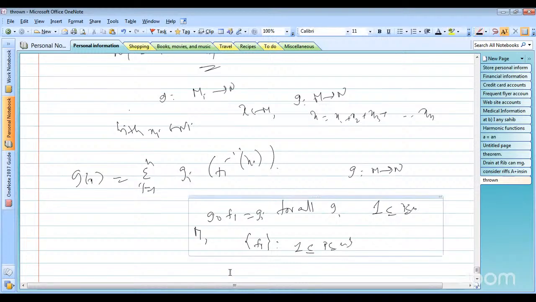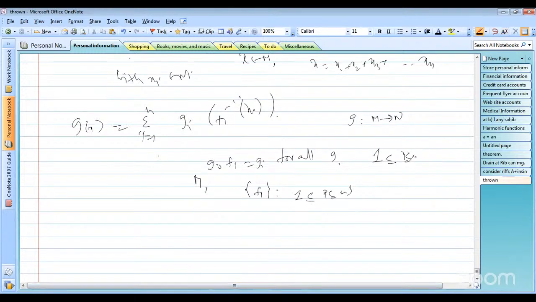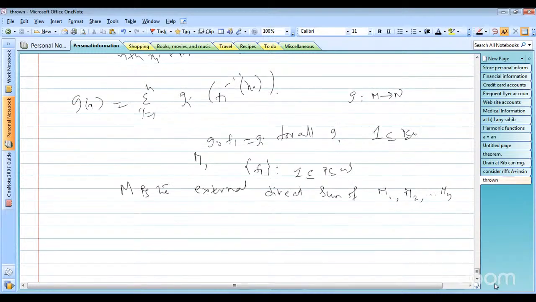Hence M is the external direct sum of M1, M2, M3, and so on, Mn.